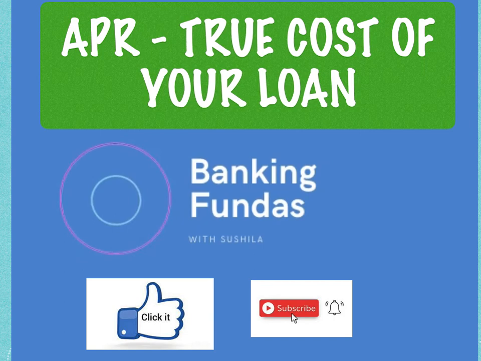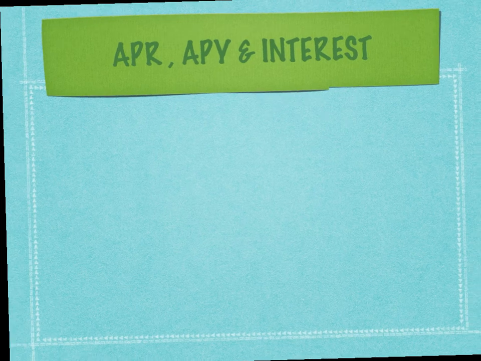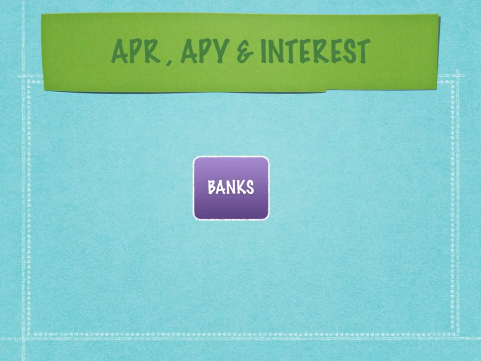In this module, we're going to take a look at the building blocks for APR and understand what is APR, APY, as well as the concepts of simple interest and compound interest.